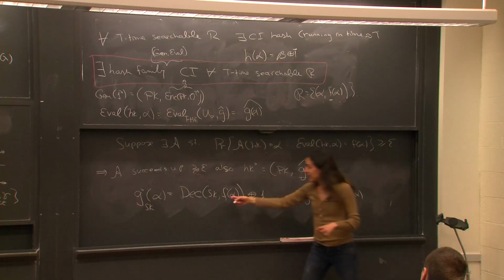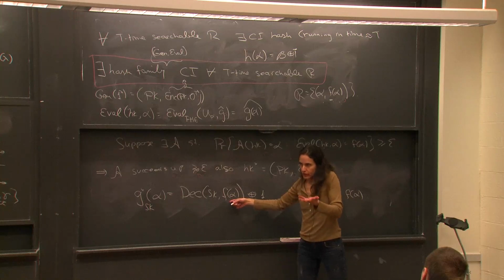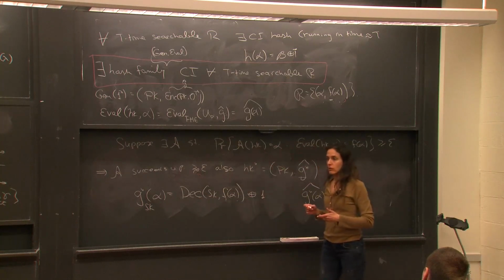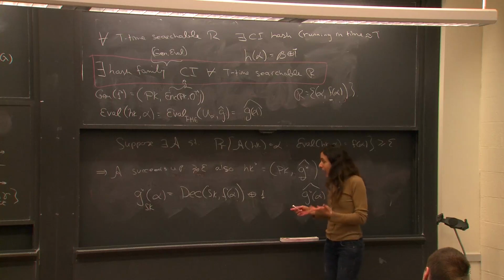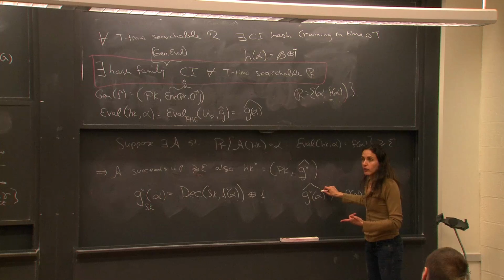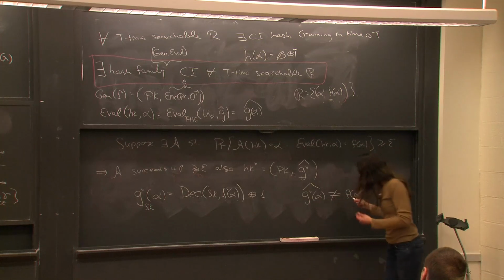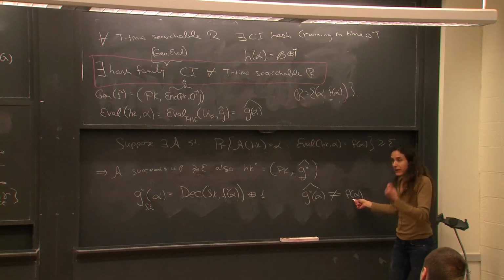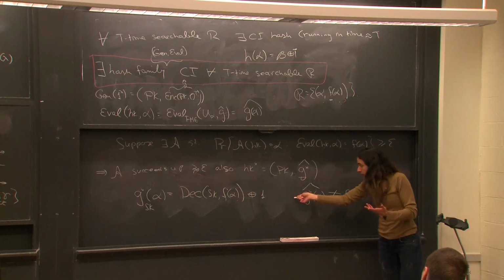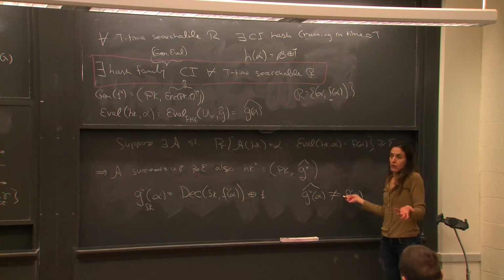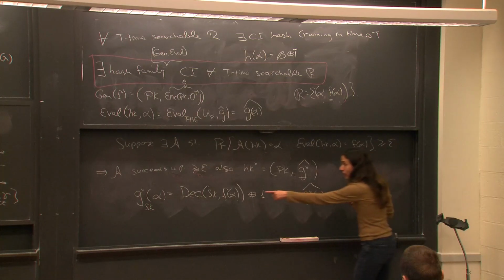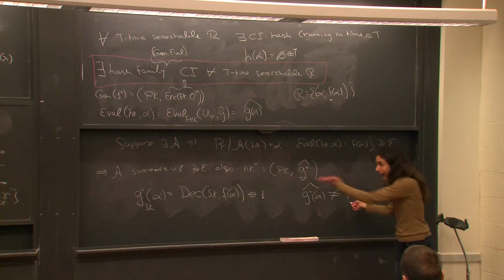G star decrypts this F, even though F is not a ciphertext, which is a very weird thing to do, and changes a bit. Now the hash gives you an encryption of G star alpha, and that cannot be f of alpha. There's no way, because if it was, decrypting this and decrypting this would give the same thing. When you decrypt this, you get G star alpha, and G star alpha is not the decryption of f of alpha, by design.